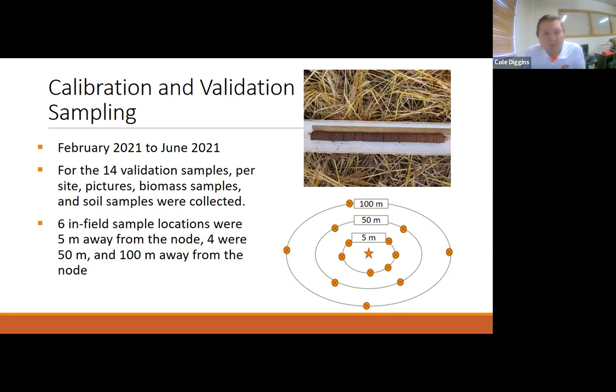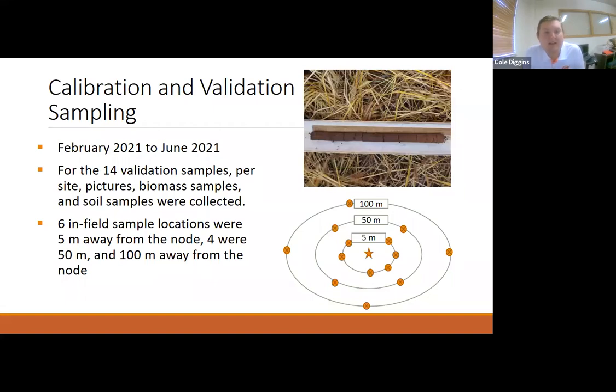So the way that those samples are collected, once a month we went out and collected 14 validation samples arranged somewhat in a pattern like this, where 6 of our samples came from within 5 meters of the station, 4 of our samples came within 50 meters of the station, and 4 of our samples came within 100 meters of the station relatively.